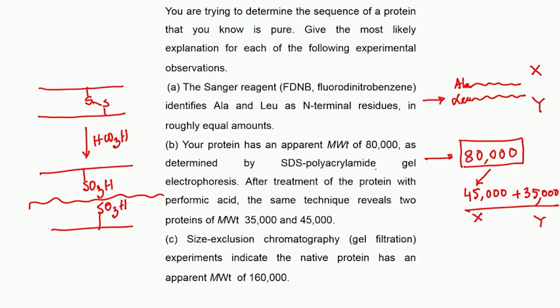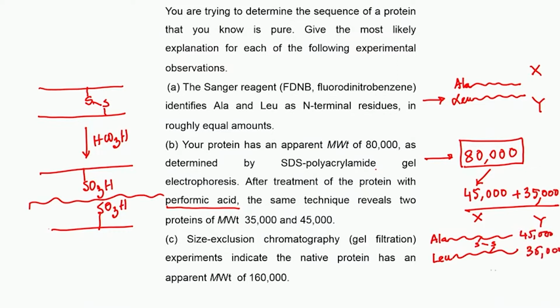So, now you have a rough estimate that after performic acid treatment you get these two bands. That means, these 45 and the 35 are connected by disulfide, at least one disulfide. There may be more than one disulfide also, it does not say how many disulfides are there, but at least the minimum structure that you can write here is that these are the two chains, and this is alanine and this is leucine, and suppose this is the 45,000 and this is the 35,000.